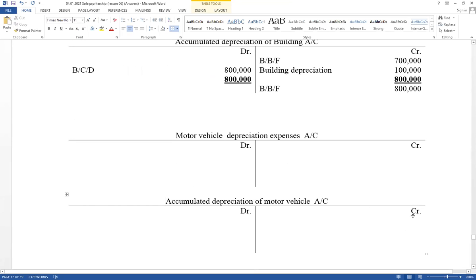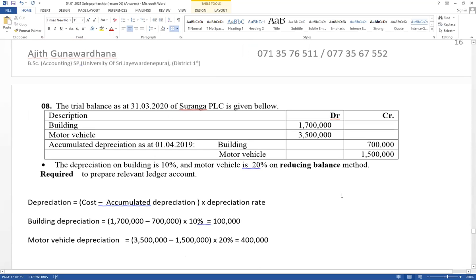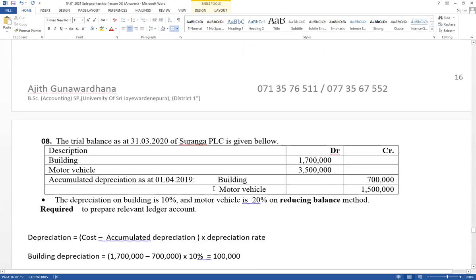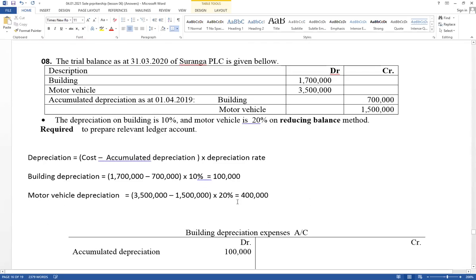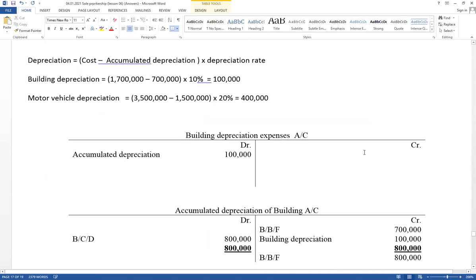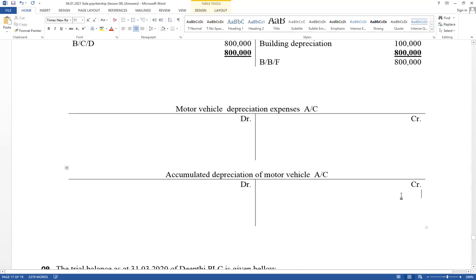First, take the opening balance of accumulated depreciation. The trial balance has accumulated depreciation of motor vehicle 1.5 million, and annual depreciation equal 400,000. First, opening balance 1.5 million on the credit side of the accumulated depreciation account as balance brought forward.